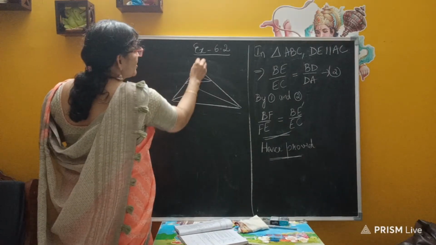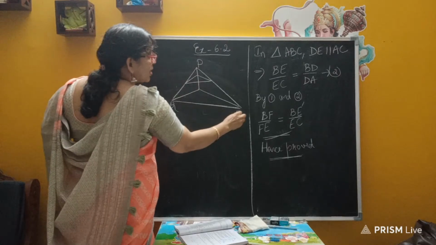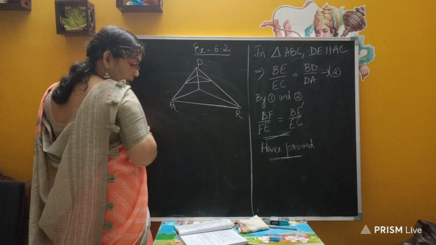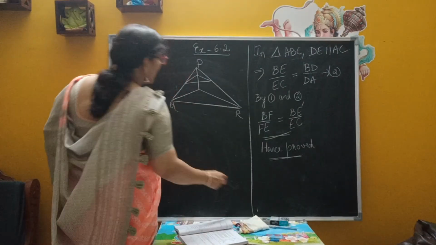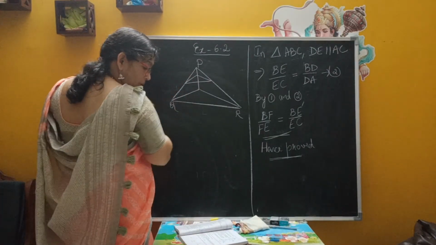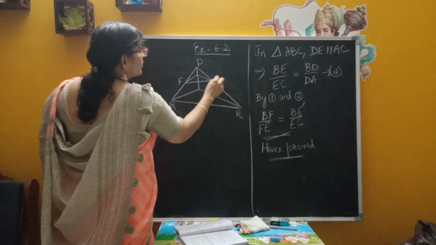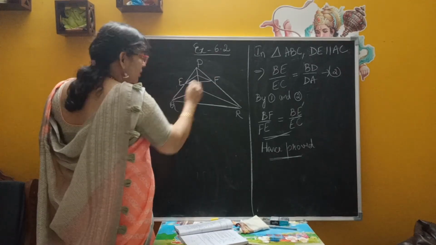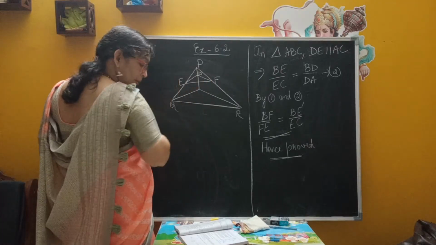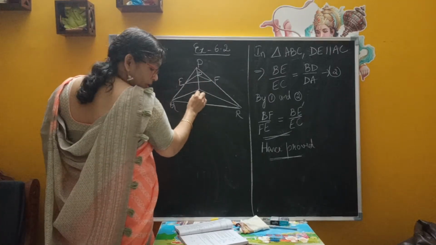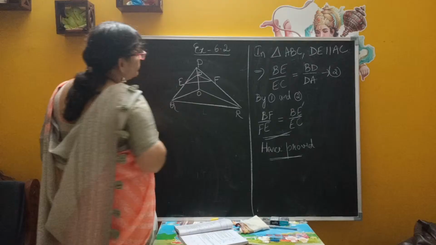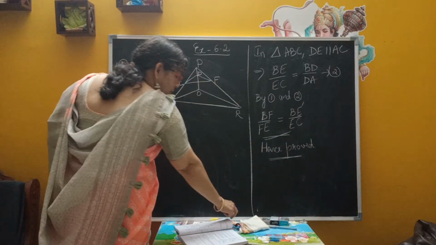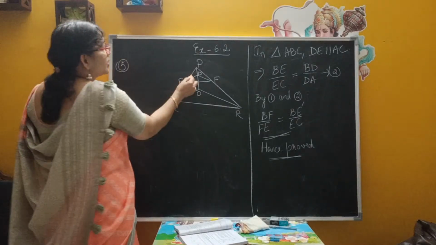Okay, PQR is a triangle, and what is given? DE parallel to OQ. Which is DE? First let us name it. P, this EF, and here this point is D, and this point is O. Okay. So given DE parallel to OQ, which is DE, this one.